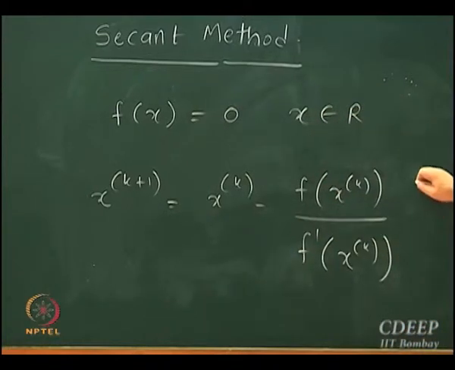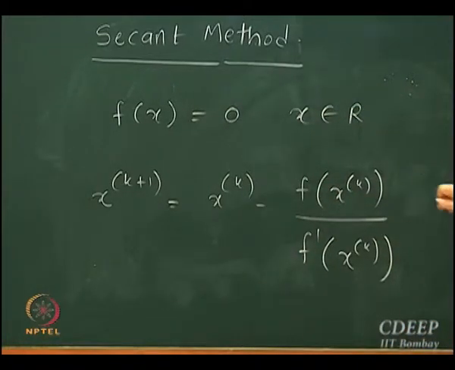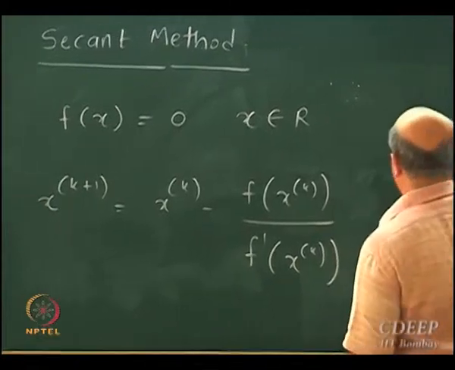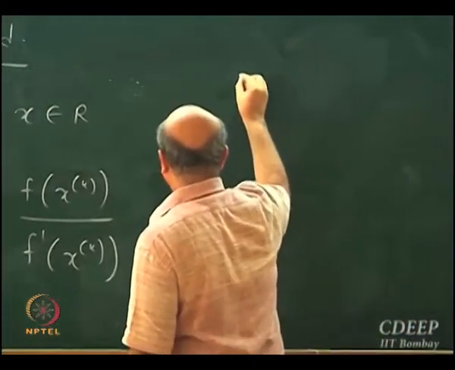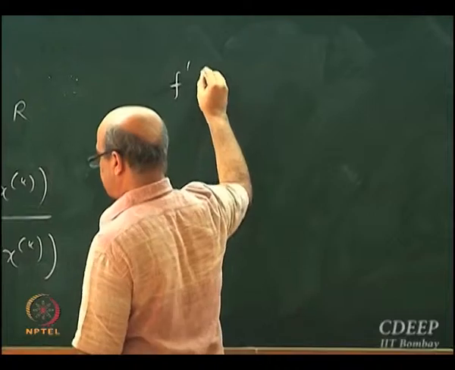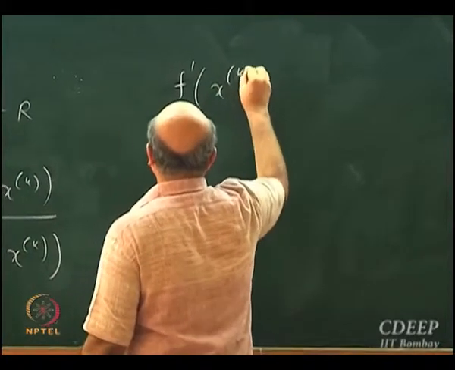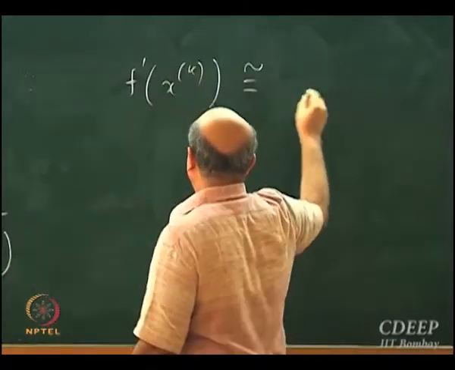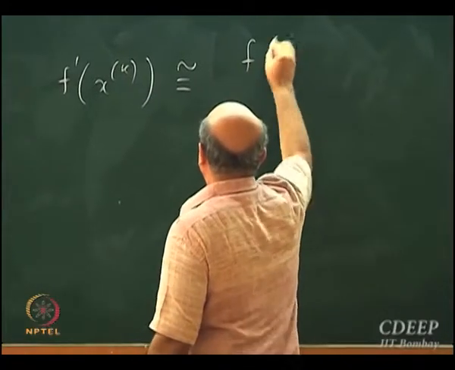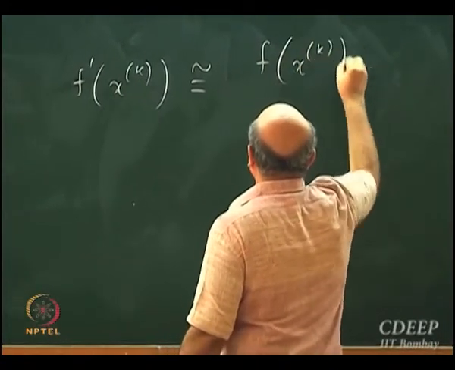So this is the update rule for Newton's method, and then in the secant method you just approximate this: you replace the derivative with an approximation using f at x.